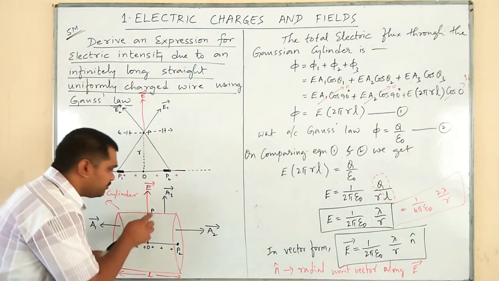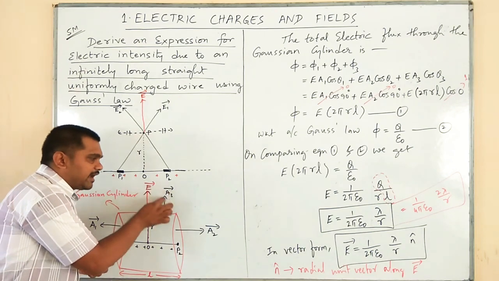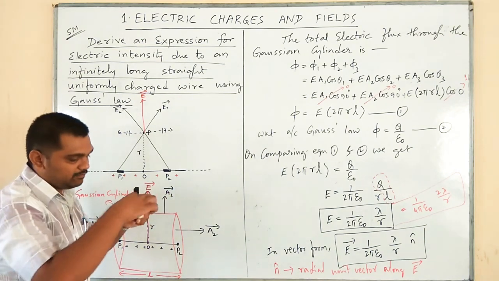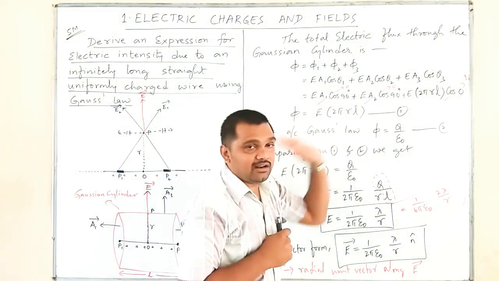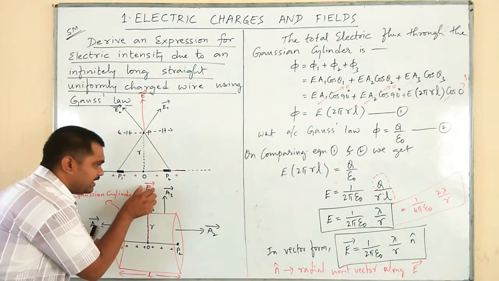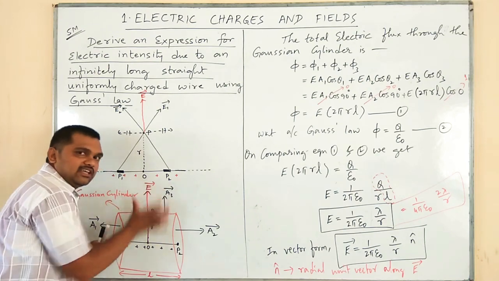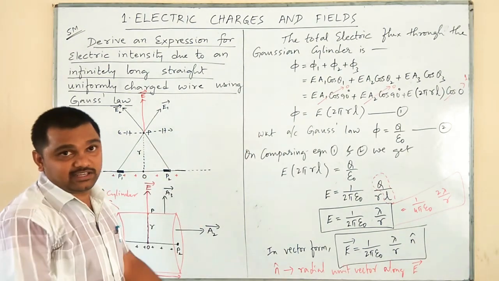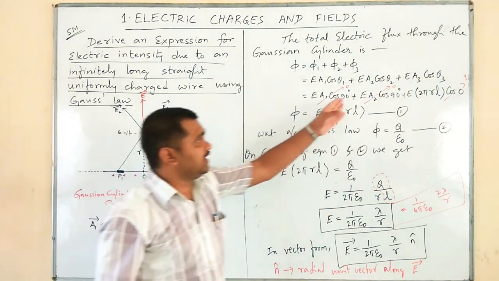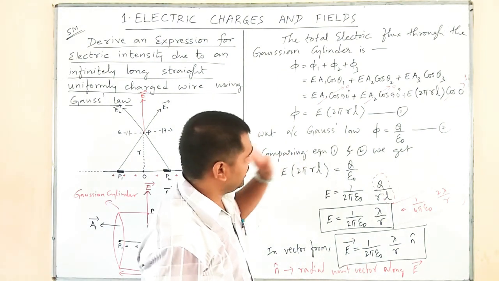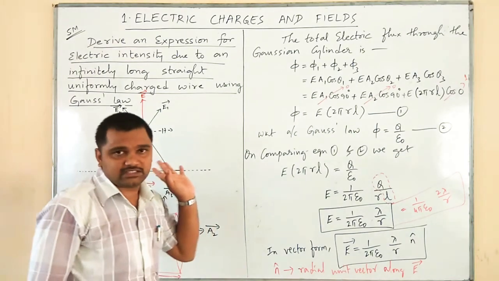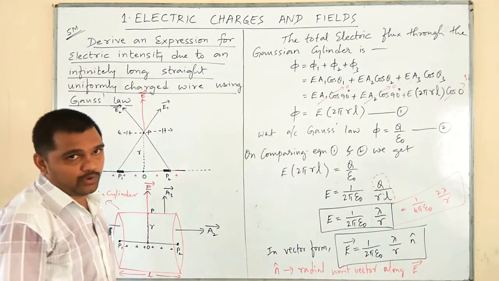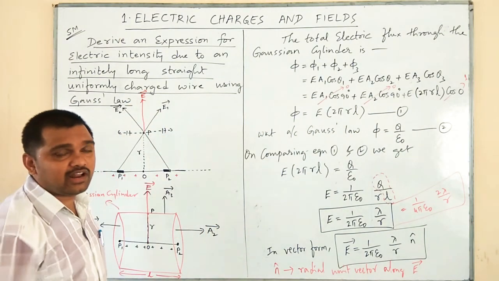Next, if we come to this area, the magnitude of this area is 2 pi r L, cos theta 3. Take a look. E and A3 are along the same direction, therefore cos 0. Cos 0 is 1, cos 90 will be 0. Therefore, on simplification, we get E into 2 pi r L is equal to flux phi. Equation number 1. So, we have followed the second rule also.